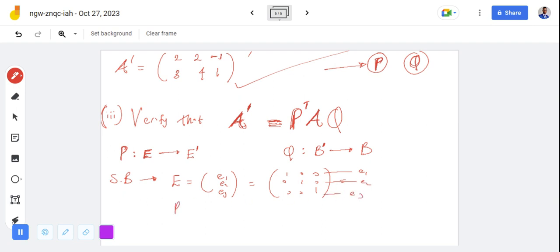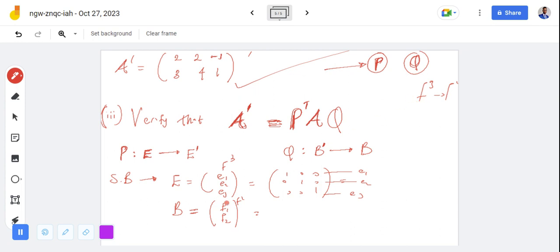We also have another standard basis, capital letter B, that we always write as f1, f2. That is for the map from F3 to F2. That's how you represent it. We're not going to use f1 to f3, since I already know that the definition is coming from F3 to F2. So you have to consider what you have.